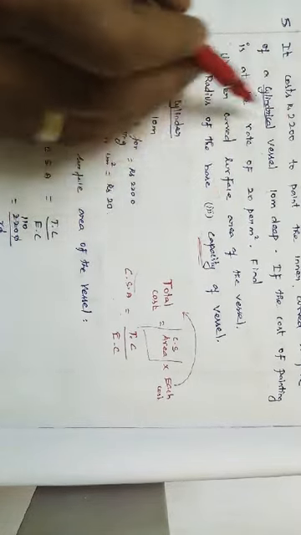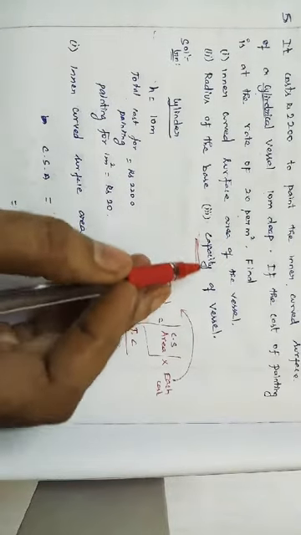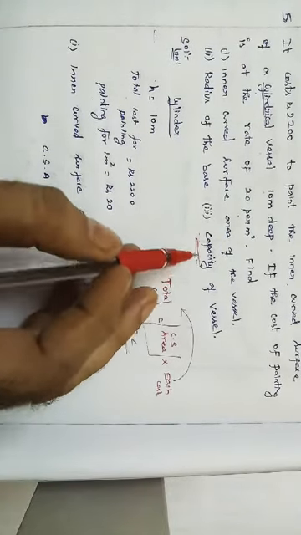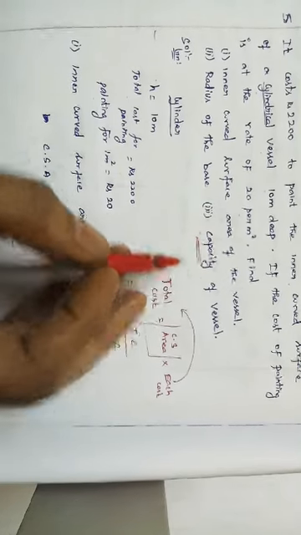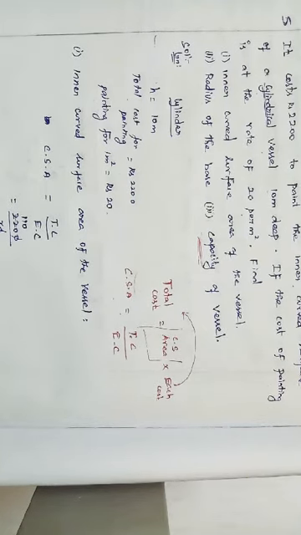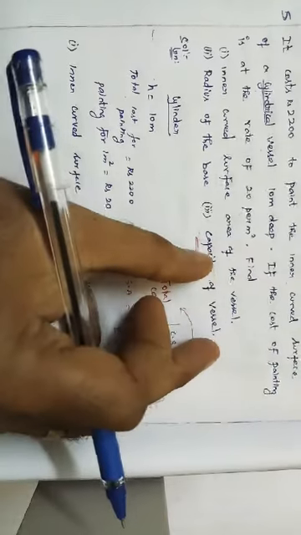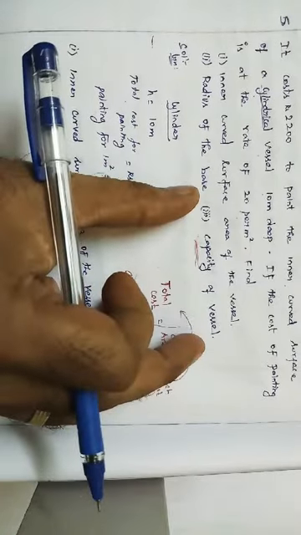Here we are talking about paint, a liquid, so we want to find how many liters the vessel is capable of holding. That means first we find the volume of the vessel, and after that we convert it into liters. That is the capacity of the vessel.